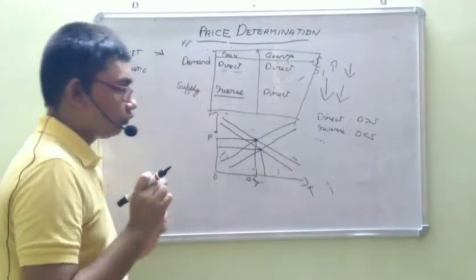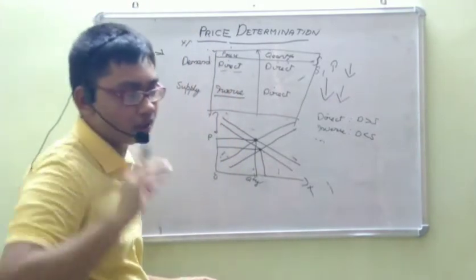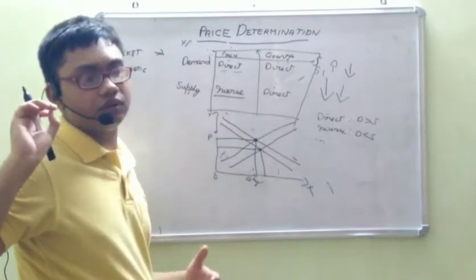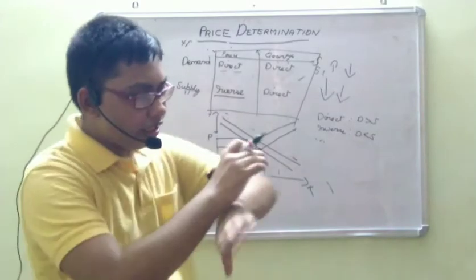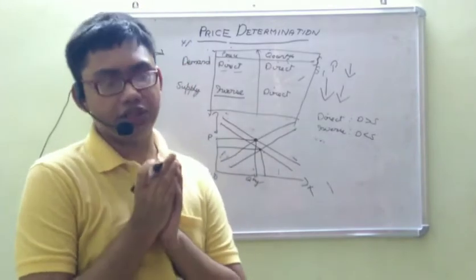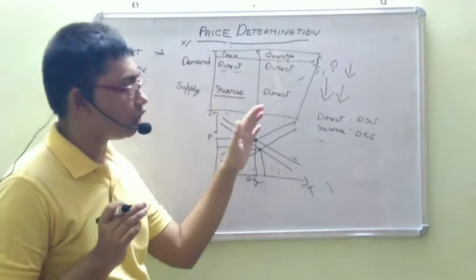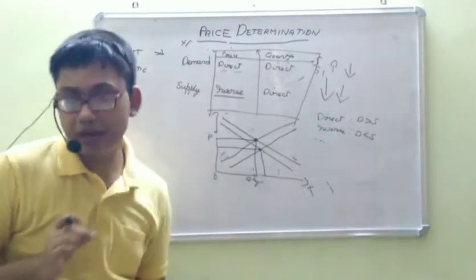Okay, when they are changing in the same direction, both increasing or both decreasing, the only dilemma will occur in price. When they are changing in the opposite direction, the only dilemma will happen in quantity, because they create different impacts on price, but the same impact on quantity.